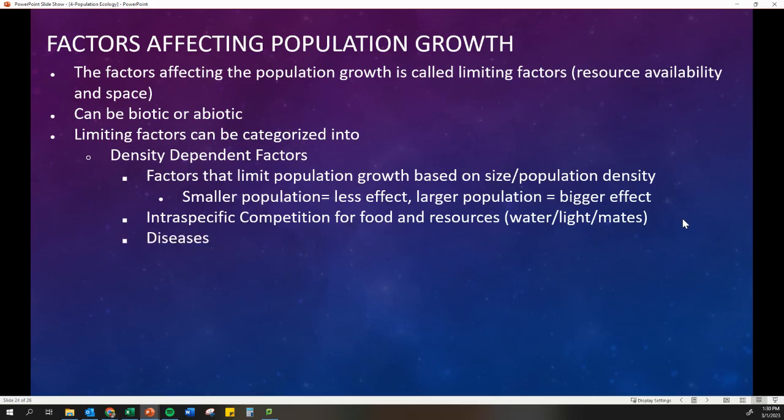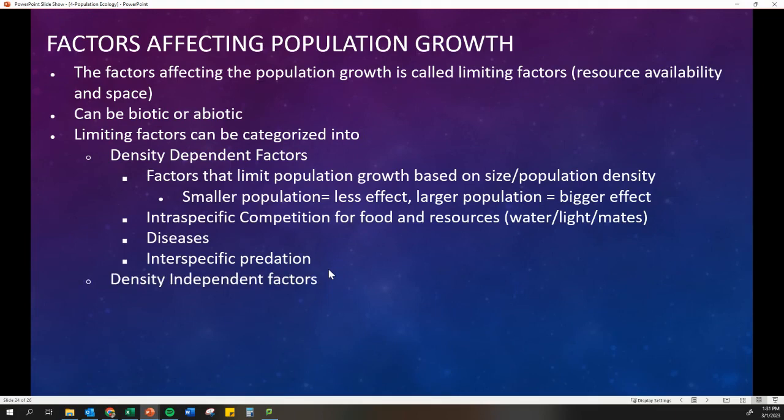If we have a large population, you're more likely to come in contact with somebody who's diseased and pass that disease on. And then interspecific predation, so predators. If we have a large population, predators are more easily able to find, catch, and eliminate organisms from that population.